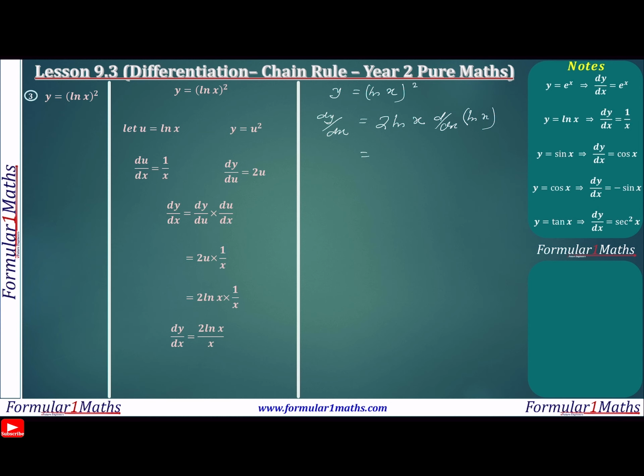And that will be 2 ln x times, if I differentiate this one here, I'm going to get 1 over x. And so this will be 2 ln x times 1 over x, which is 2 ln x over x. We get the same answer, this time in 3 steps.